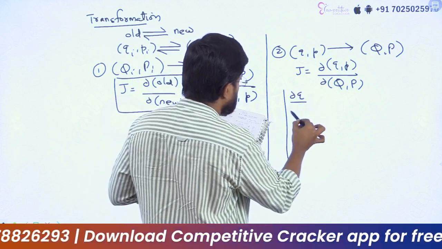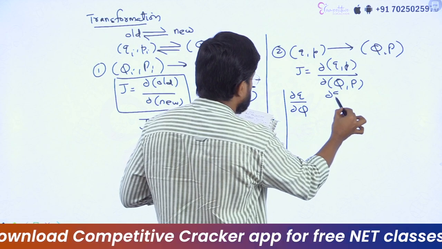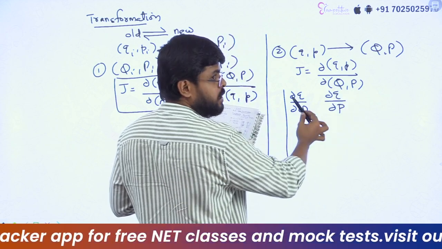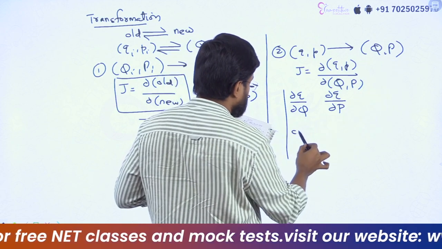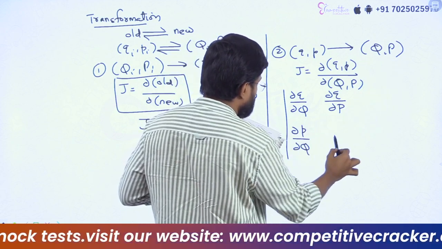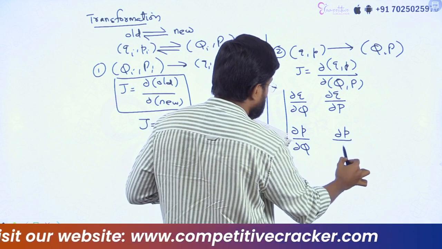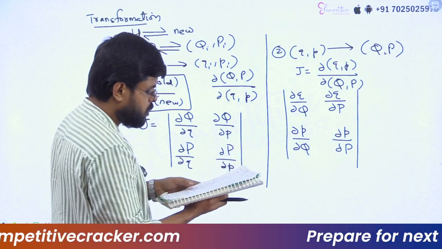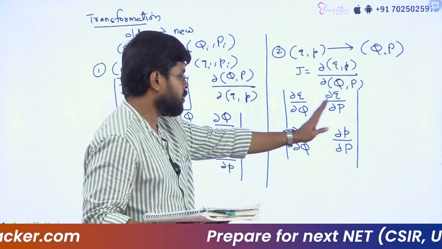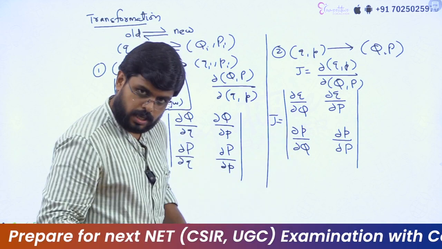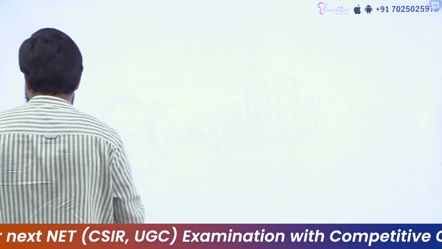Dou capital Q by dou small q, dou capital Q by dou small p. The numerator should be same along the row. Then here dou capital P by dou small q, and dou capital P by dou small p. So this is how we are determining the value of a Jacobian. Okay, is it clear?